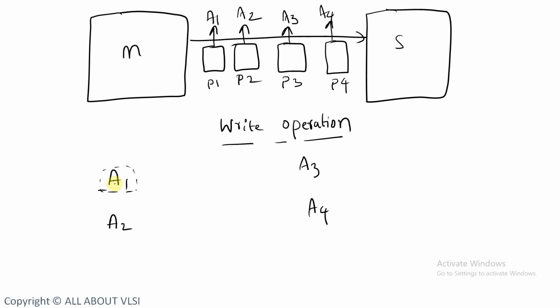A 1 KB boundary will be allocated for a particular slave, and in those addresses the starting address will be decided. From that address memory we choose a random starting address point. This address is not associated with any previous addresses or previous transaction addresses. This is a completely new address.